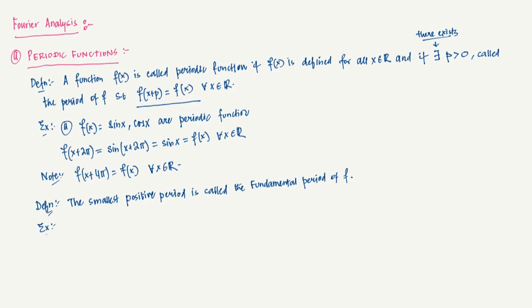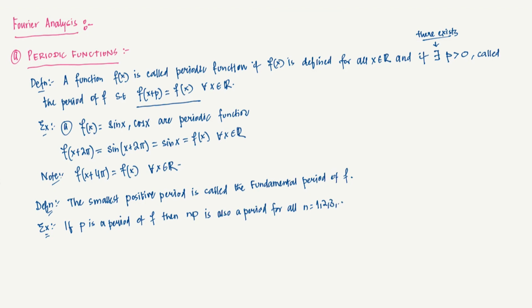If p is a period of f, then f of x plus np is also going to be f of x, so np is also a period, for all natural numbers n.